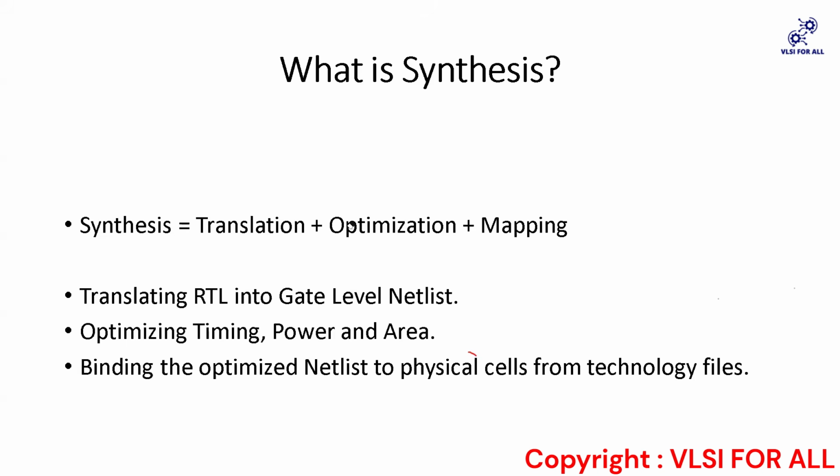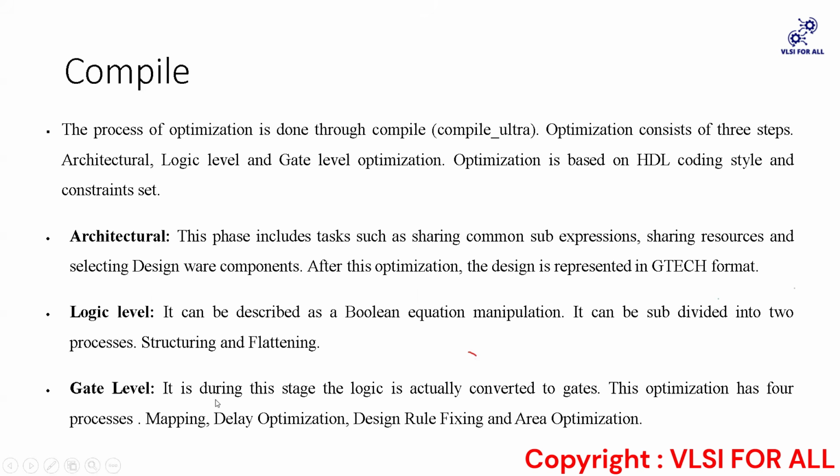And in gate level compilation, the tool converts the logic into gates. So it has mapping, delay optimization, design rule fixing, and area optimization. Okay, this happens in the gate level.